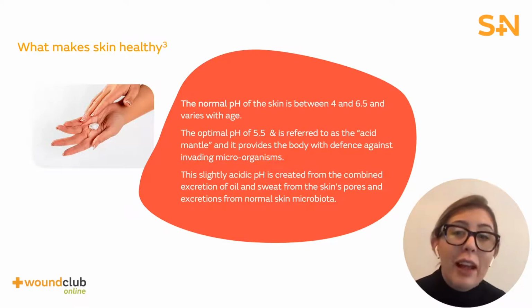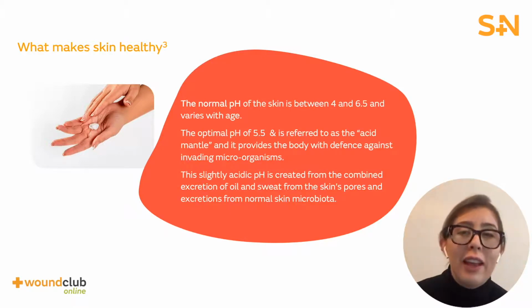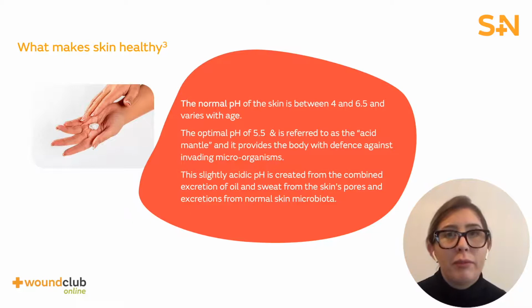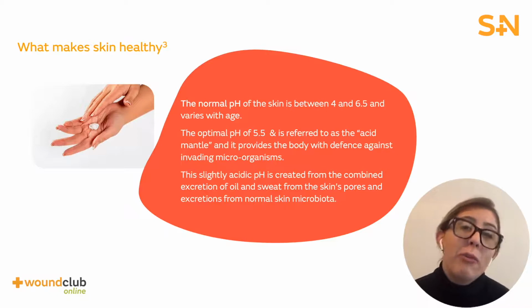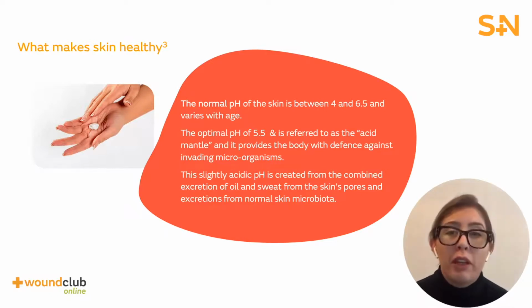The acid mantle allows the body to defend itself against any invading microorganisms. If the acid mantle is disturbed and the pH is altered, which can be done due to excess excretion sitting on the skin, or even something simple like the body wash used, those defences are compromised, and therefore so is the skin.